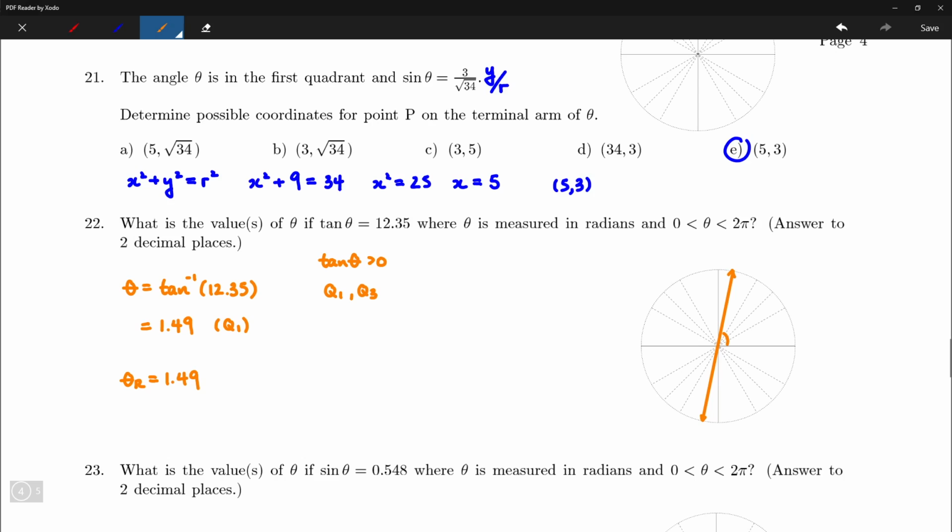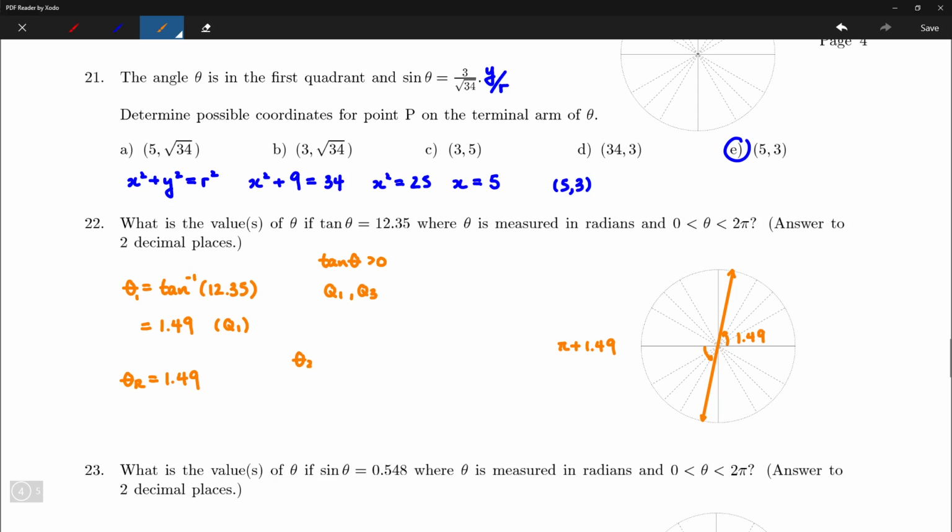We got our first answer going counterclockwise into quadrant 1. This is 1.49. So the answer in quadrant 3 is going to be pi plus 1.49. So this is theta 1.